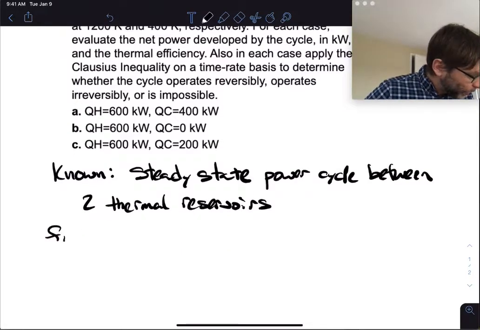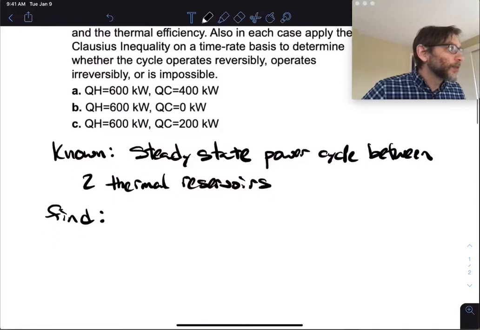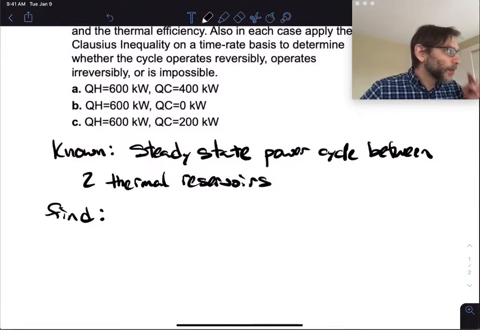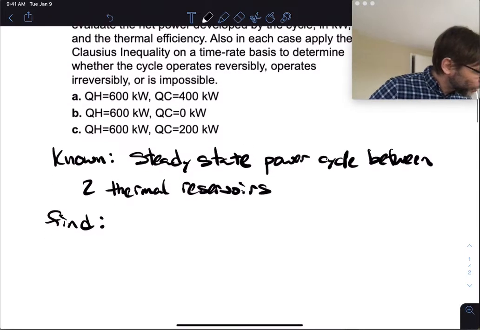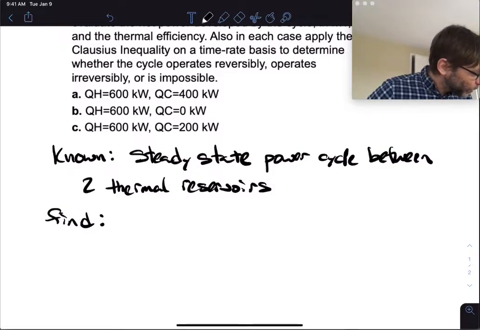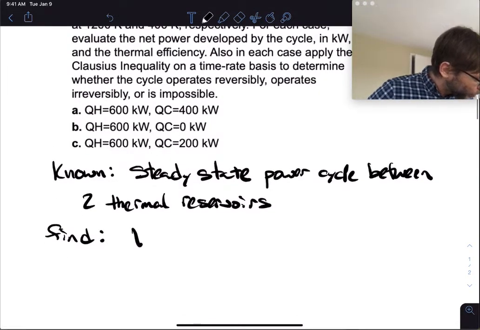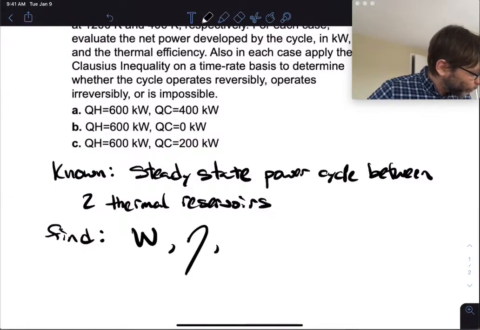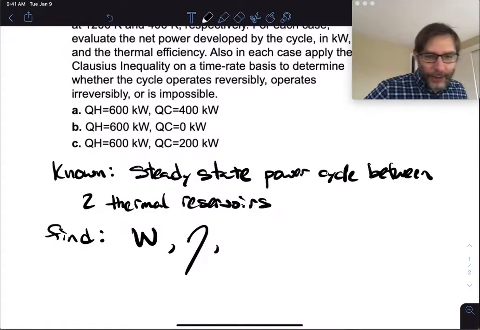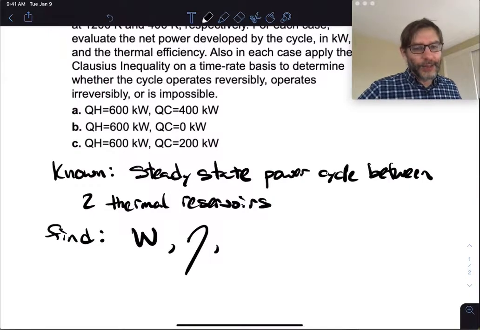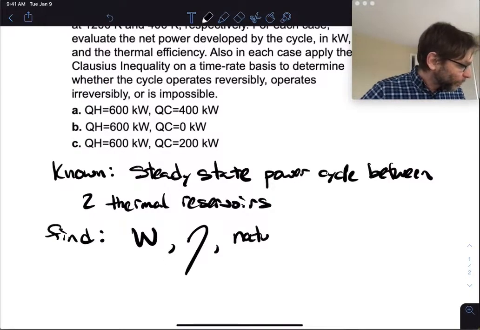We're supposed to find the work developed, so the work of the cycle, the thermal efficiency of the cycle, and, as they said in the last example, the nature of the cycle, applying the Clausius inequality to determine whether the cycle is reversible, irreversible, or impossible.